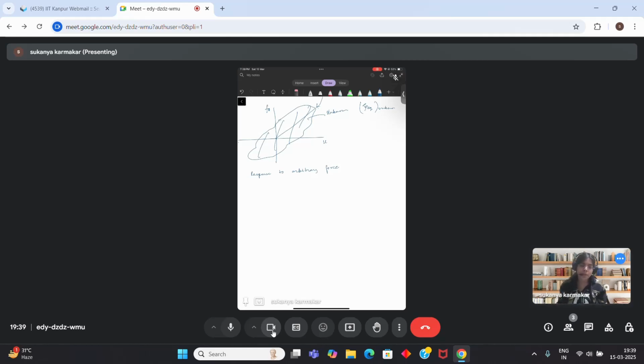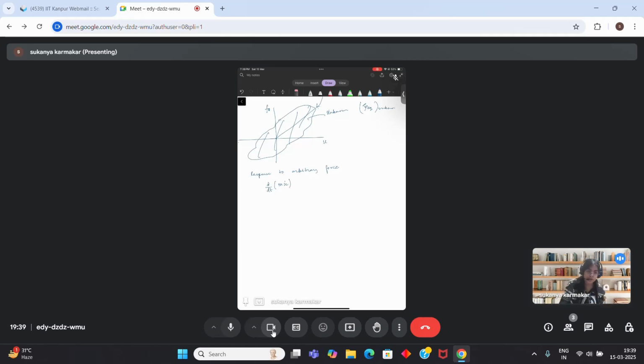So what is impulse? Impulse is defined as force into time. Now, what does Newton's second law say? Newton's second law says that the rate of change of momentum is equal to the force applied on the system. So d dt of, what is momentum?